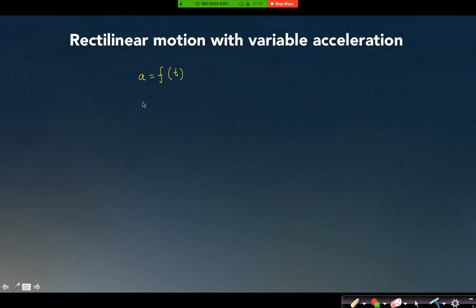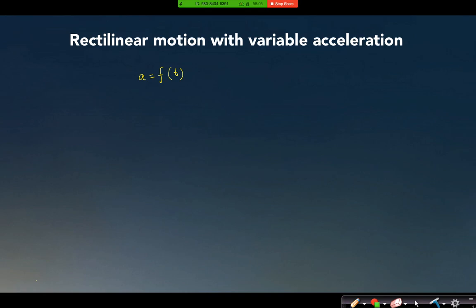We will use a very general equation of motion. Till now what we have used was a particular equation of motion. The particularity of that equation was that acceleration remained a constant. During this entire motion, the acceleration remained a constant. But now we will talk about a general equation of motion where acceleration will be variable, velocity will be variable, position or displacement will be variable.